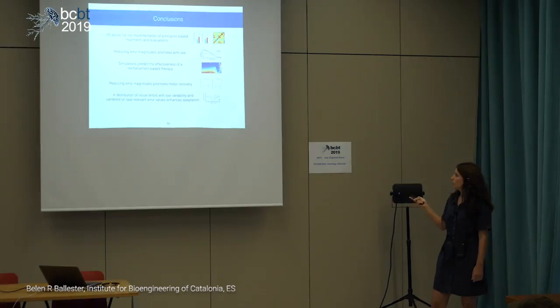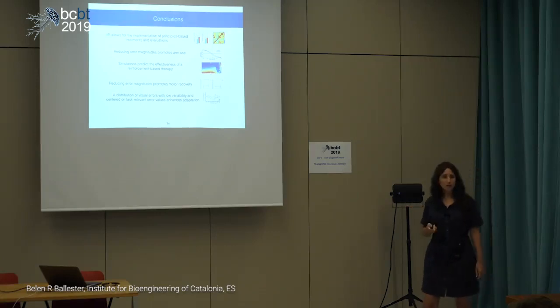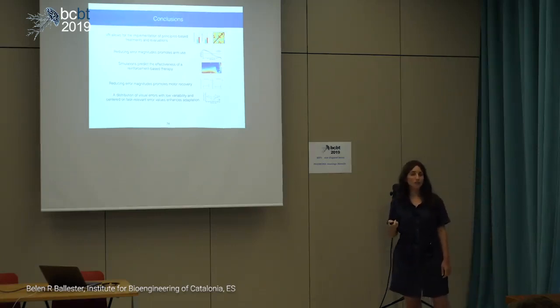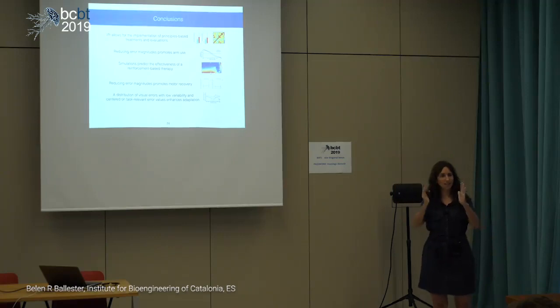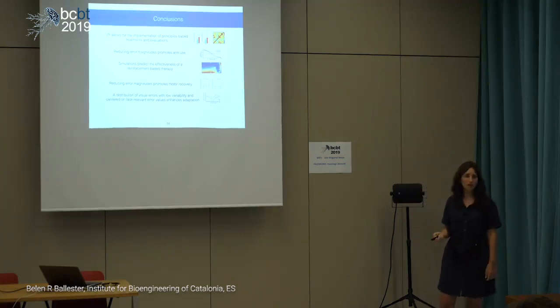When we explore whether we learn more from big errors or small errors, we find out that we learn more from those errors that are present more frequently, which means that reducing error magnitudes and centering them around 0 degrees should not be a problem if we want to apply this principle for recovery.